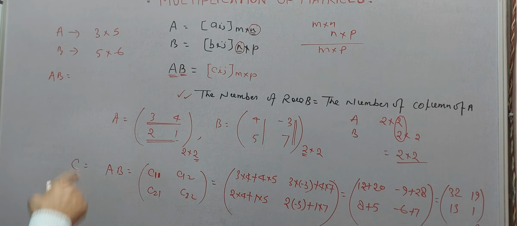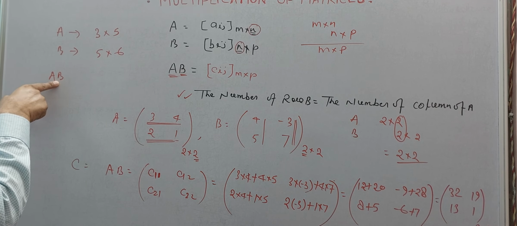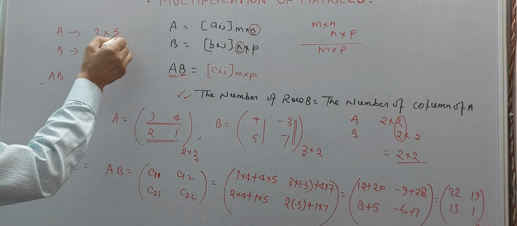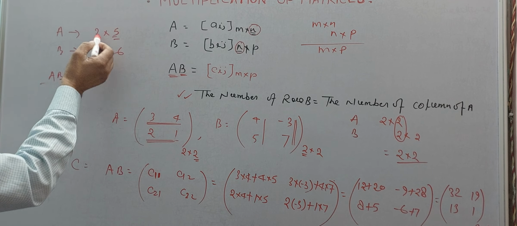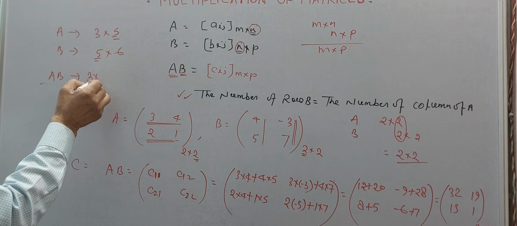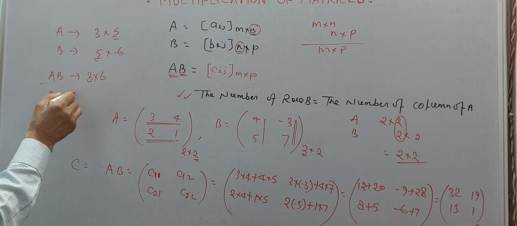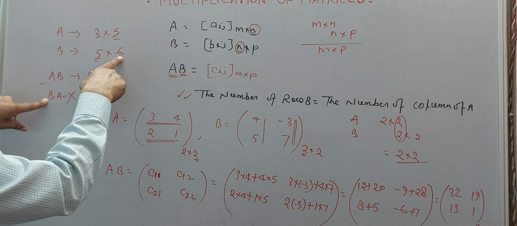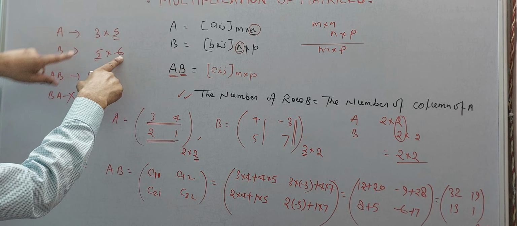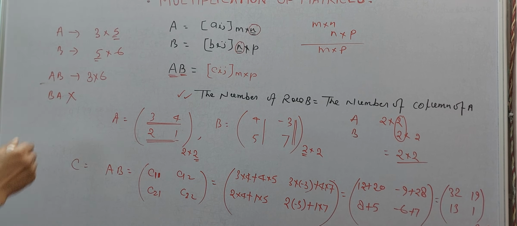AB is possible because the number of columns of A should be equal to the number of rows of B. So its order finally becomes 3 cross 6. 3 cross 6 will be the order of AB. But BA is not possible, because for BA the number of columns of B, which is 6, should equal the number of rows of A, which is 3. Since 6 is not equal to 3, BA is not possible, but AB is possible.